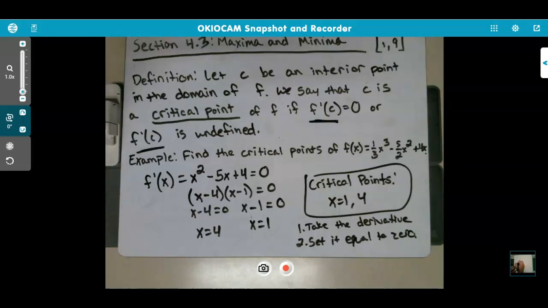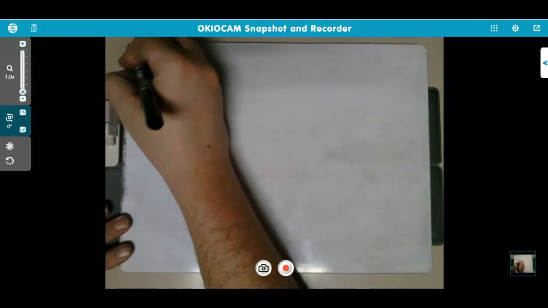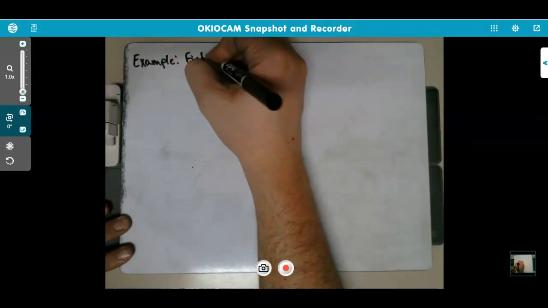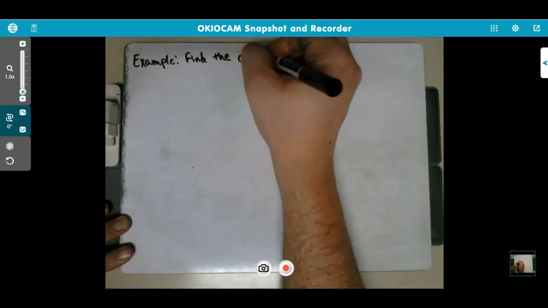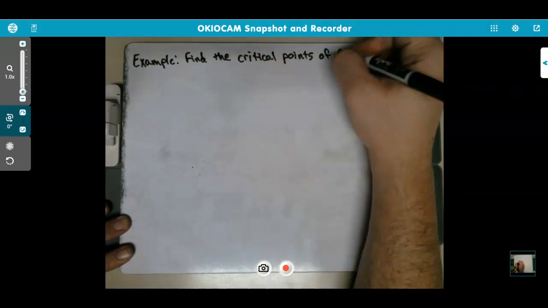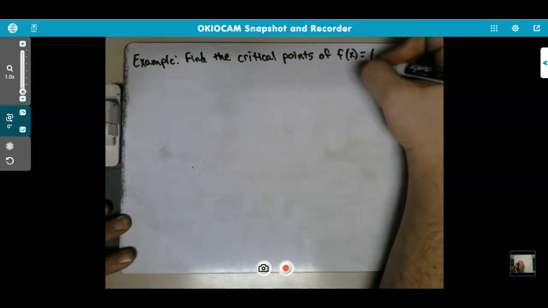Let's do another example. Find the critical points of the function f of x equals (x squared minus 1) raised to the third.